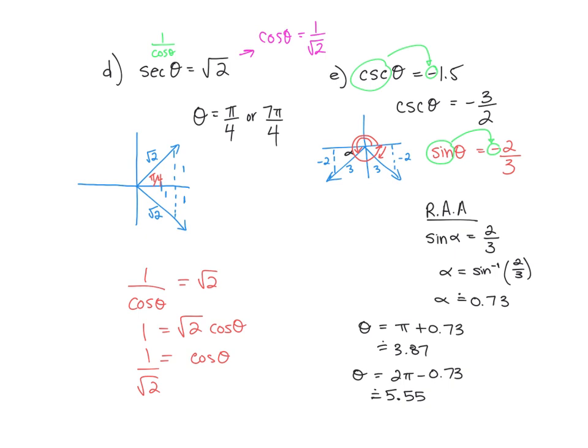However, we notice in E, as soon as we had to start to use our calculator to find our related acute angle, it became a bit easier to think about that in terms of sine, just out of ease for typing that inverse sine into our calculator. So again, still very easy on either account to work with those reciprocal functions to solve our equations.